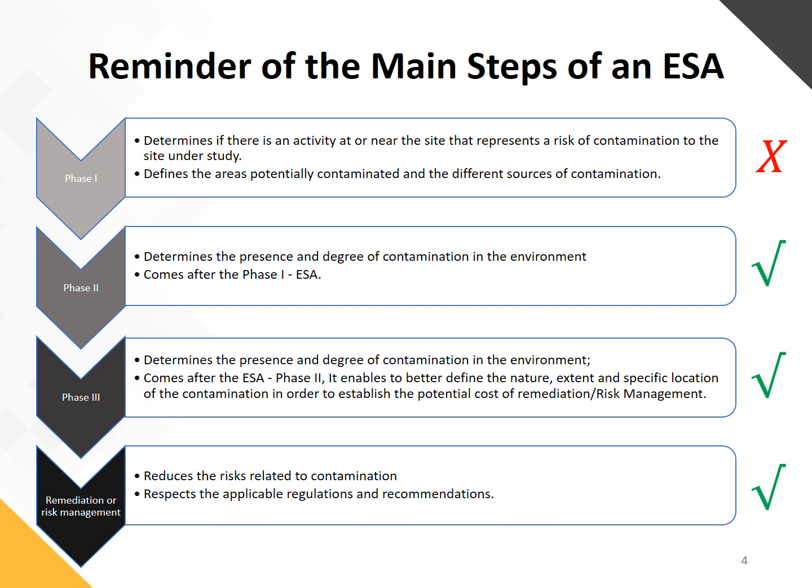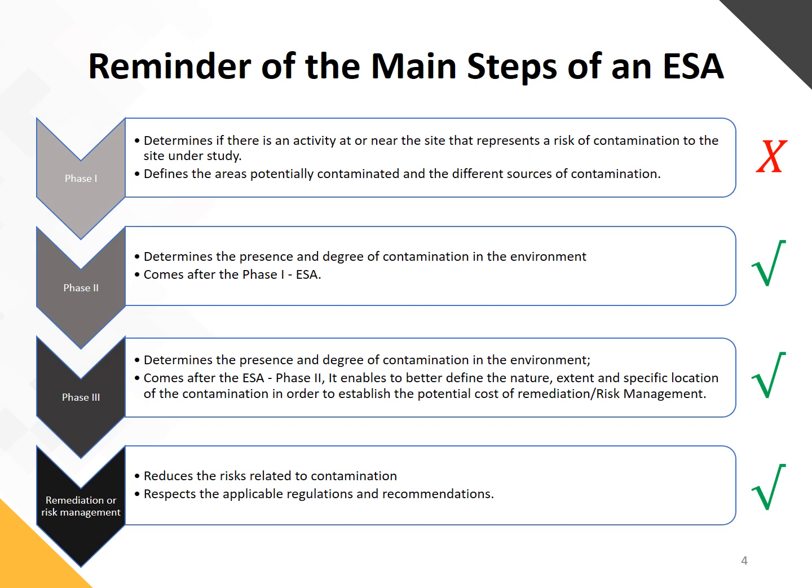Then when you go to the phase 2, that follows phase 1, this is where you're going to start to sample the site. So the purpose is to determine the presence and degree of contamination in the environment. Phase 3 is actually similar to the phase 2, but we want to better define the nature, the extent, and the specific location of the contamination to establish the potential cost of remediation.